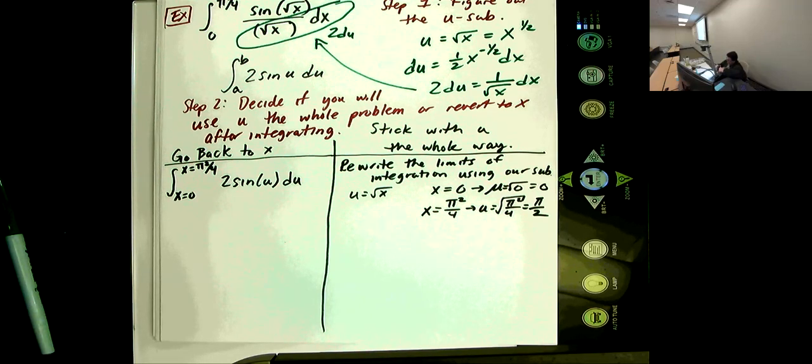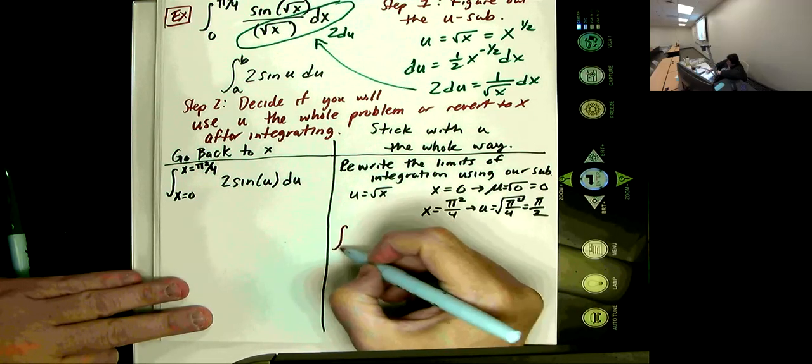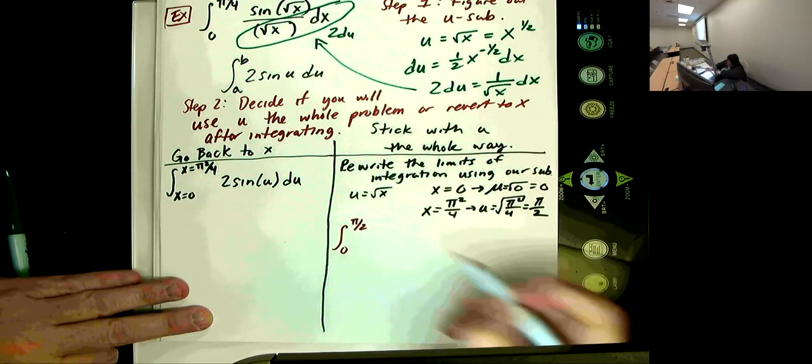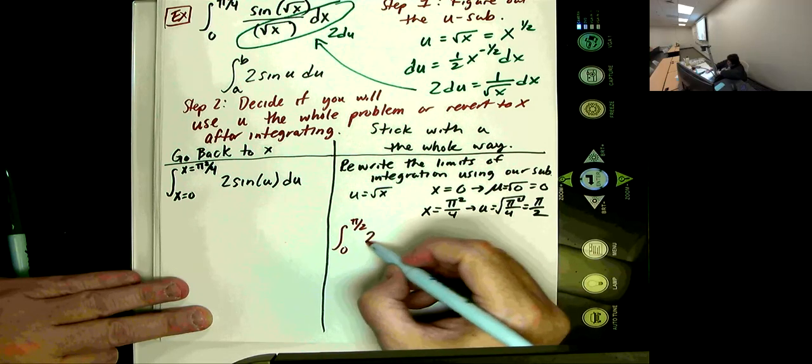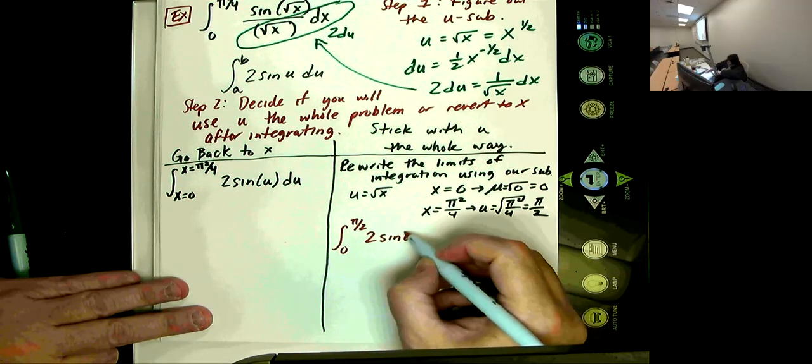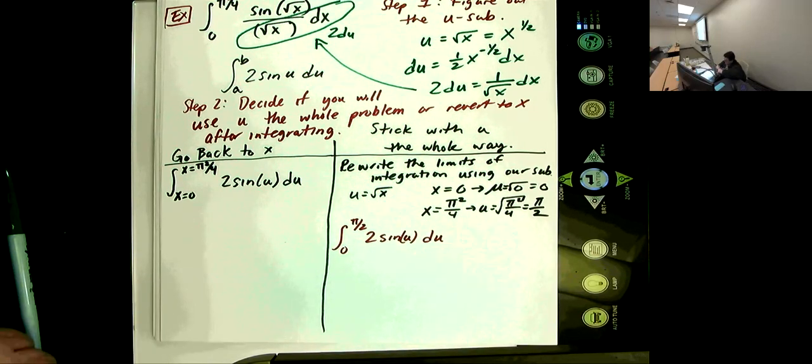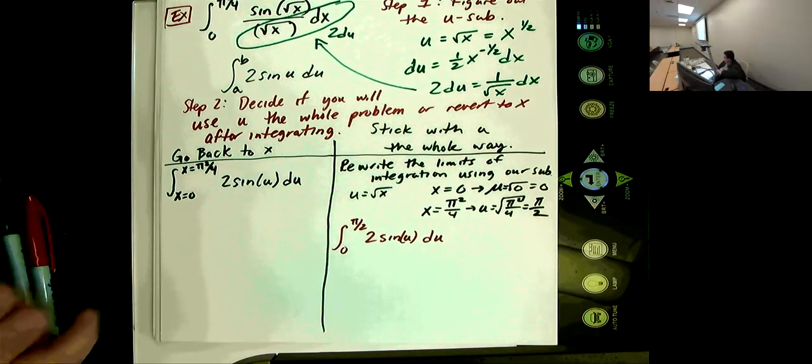And our integral here, using our new limits, would be 0 to pi over 2, 2 sine u du. And now I don't need to write that the limits are associated with u.